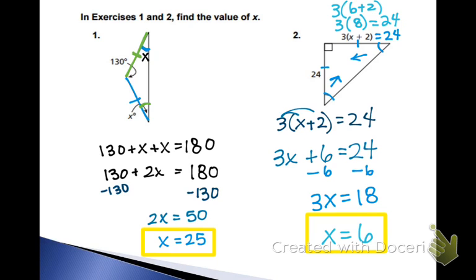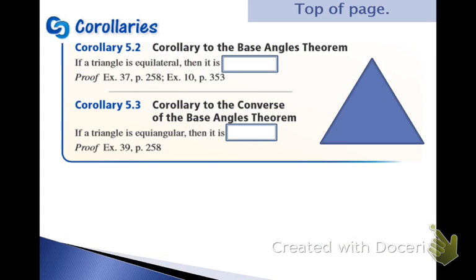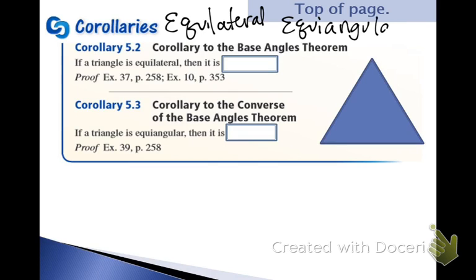All right, this next section you want to label equilateral triangles. Equilateral, equiangular triangles. So where it says corollaries, you want to write equilateral triangles. Equilateral, equiangular. We've actually been saying this since day one.